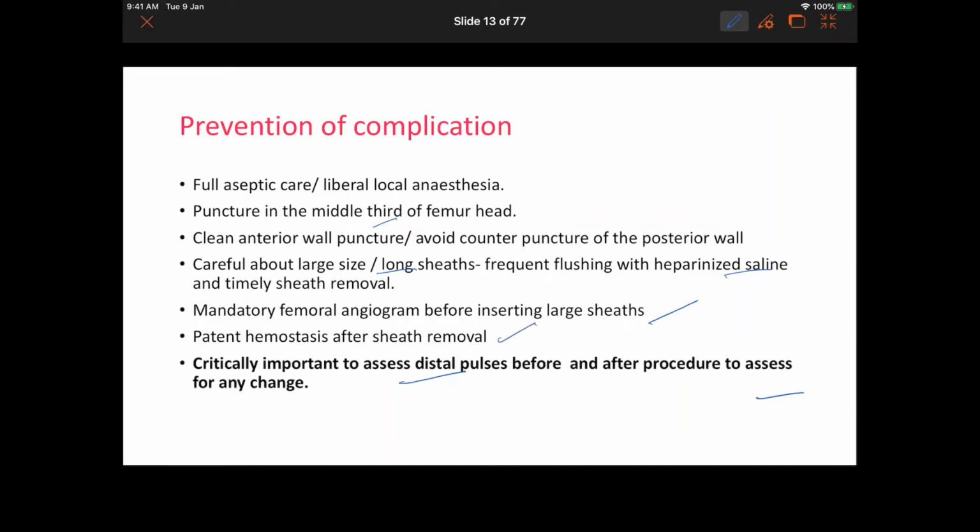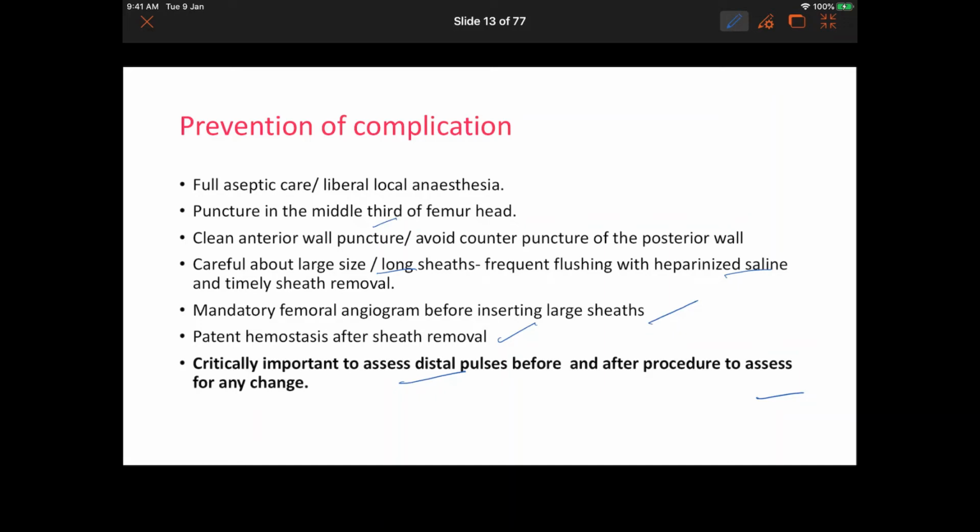And removing the sheath is also very important. Patent hemostasis should be your practice. I have seen people sitting over the artery with a lot of gauze pieces to secure hemostasis. Believe me, I know that if the patient is obese you cannot feel the artery, but in most people in your practice, if you are removing the sheath, don't forget to give local anesthesia.